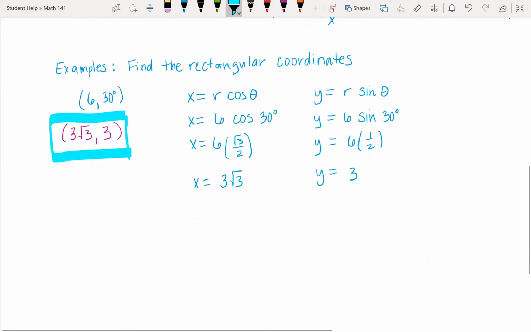Well, let's do another one like that. Let's consider the point 1.4, 225 degrees.